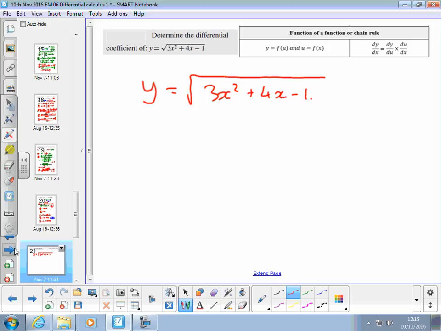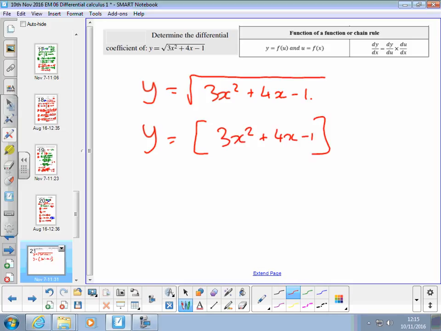No, don't, you're differentiating what's inside it. You've got to do all of that. Remember that root sign implies there's brackets round whatever is inside it. So there's our brackets, there's our 3x squared plus 4x minus 1.